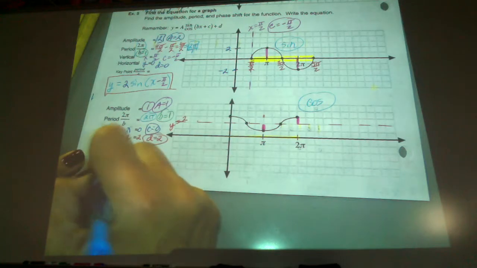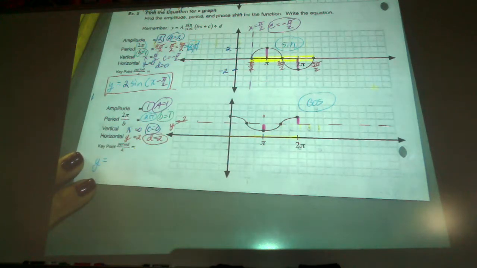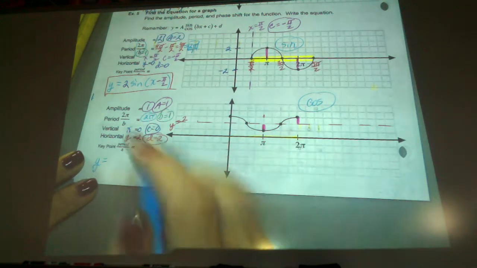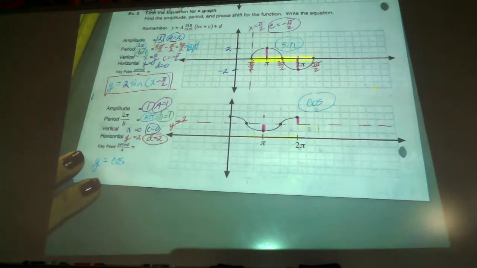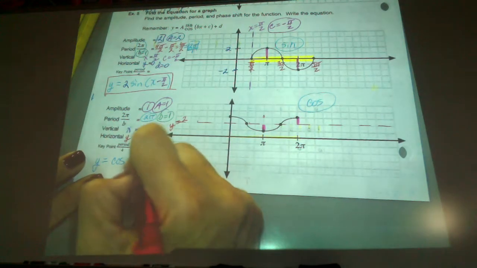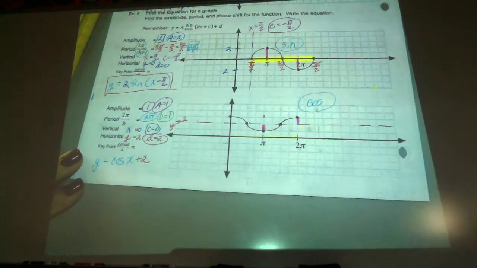Y equals, my A is 1, so don't write anything in front. It's cosine. I don't have a right-left movement, so I don't need parentheses. My B is 1, so I just need x. And then I do have an up movement of 2, so I just put a plus 2 on the outside. And that's it.